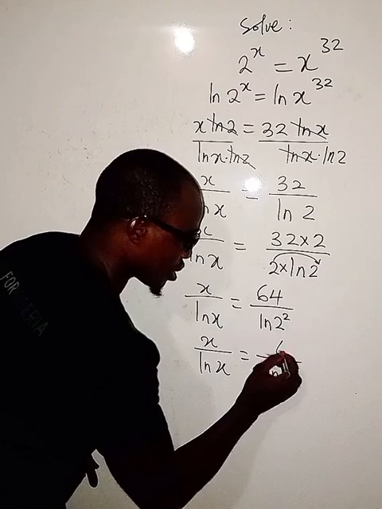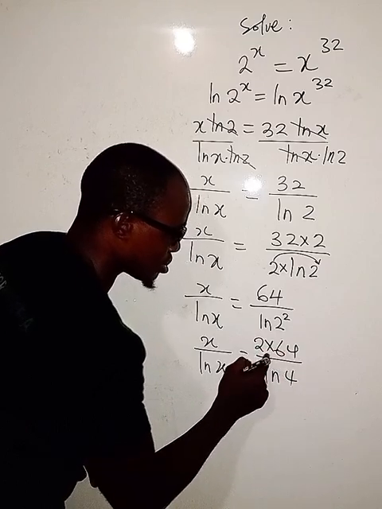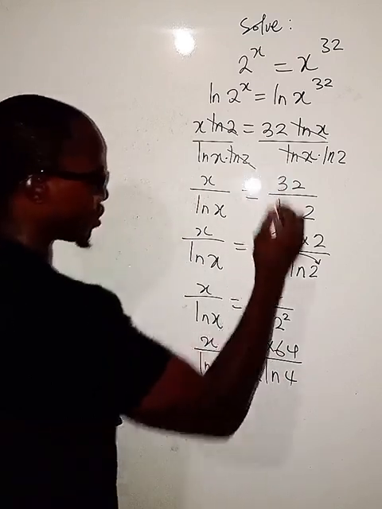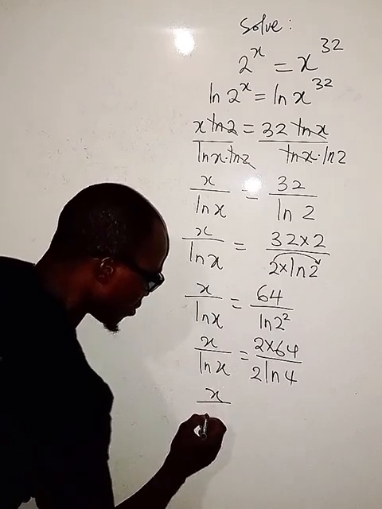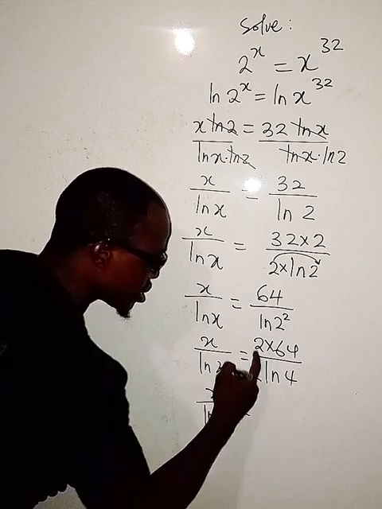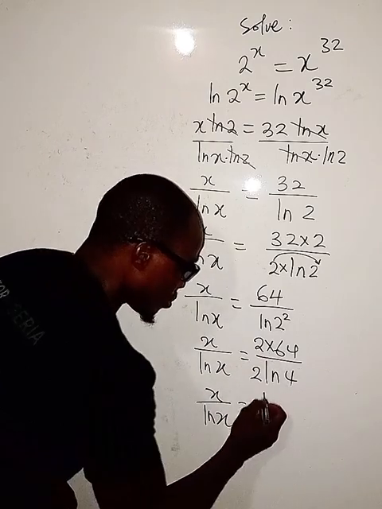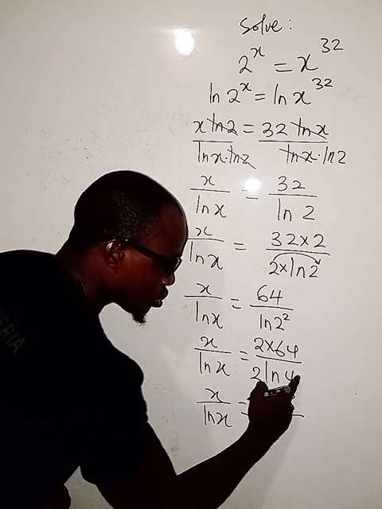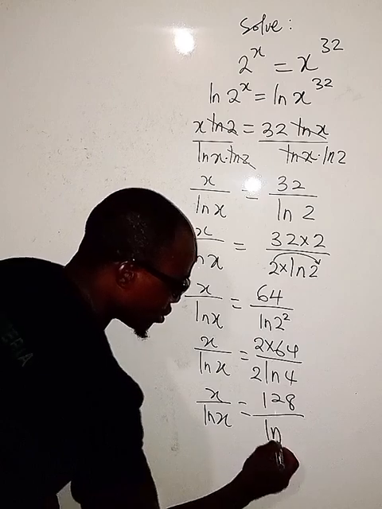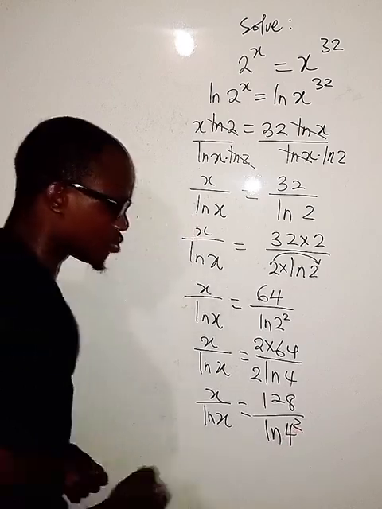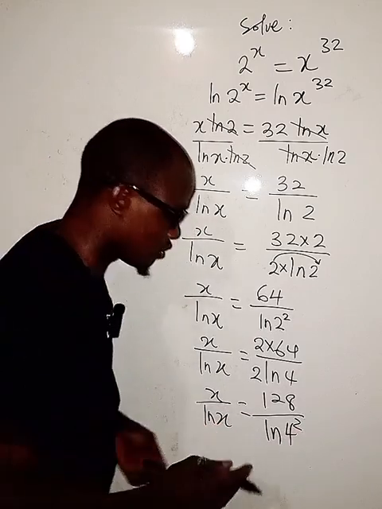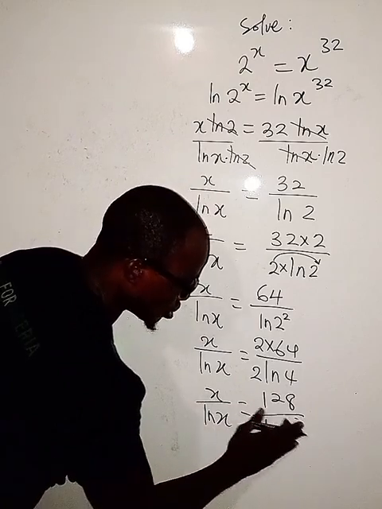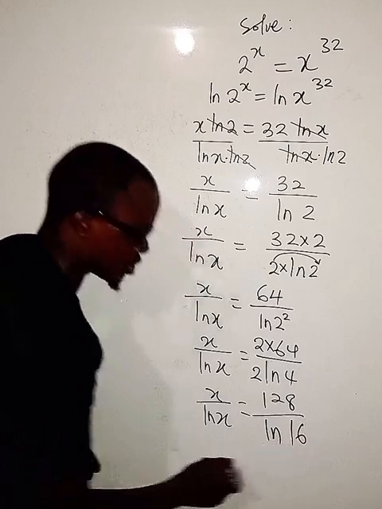We have 64 here already, so 2 times 64 gives us 128. So x over ln of x equals 128 over ln of 4 squared, and 4 squared gives us 16. So we have ln of 16.